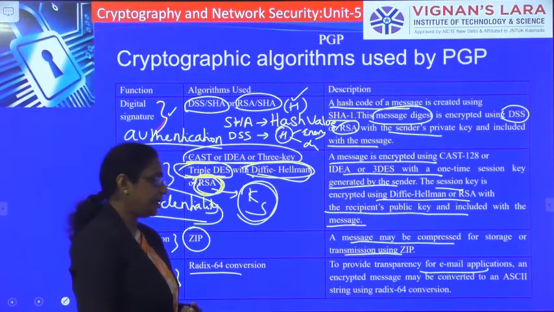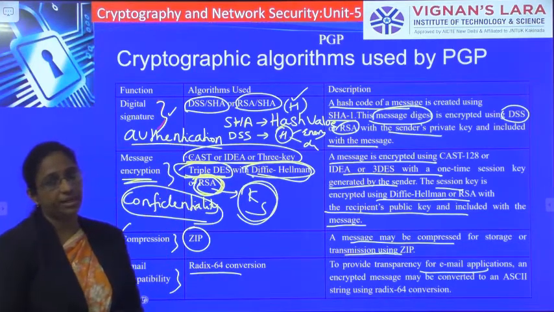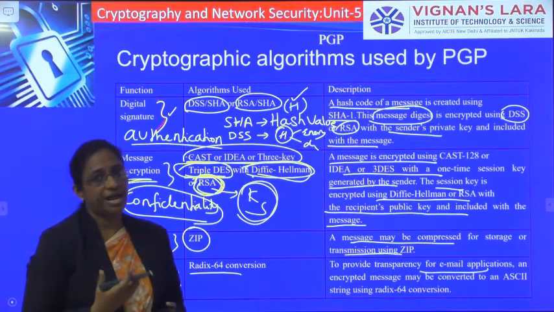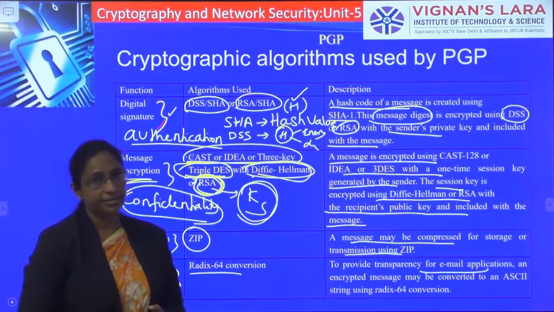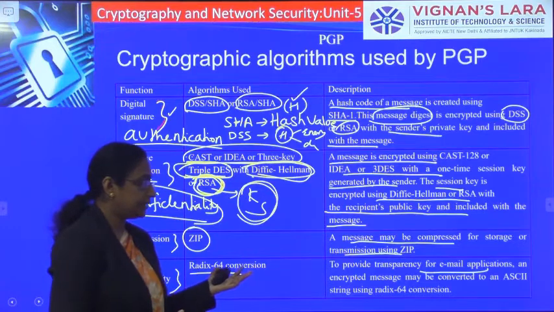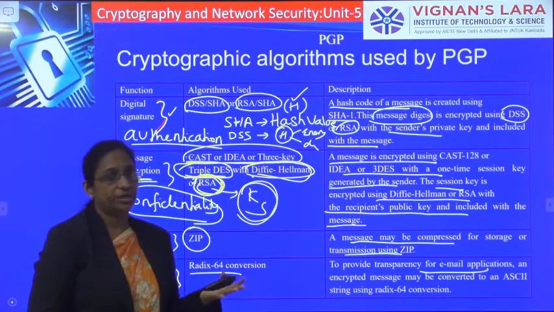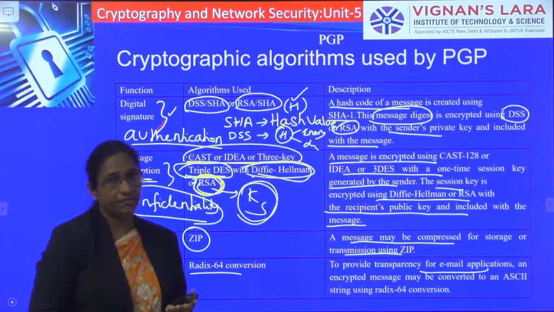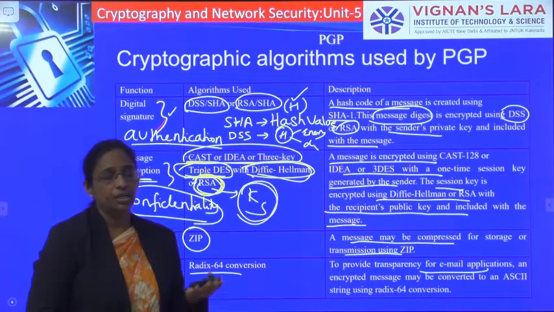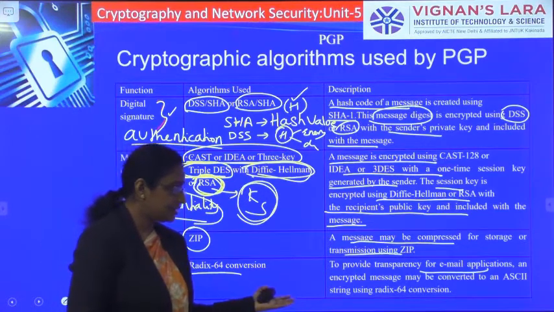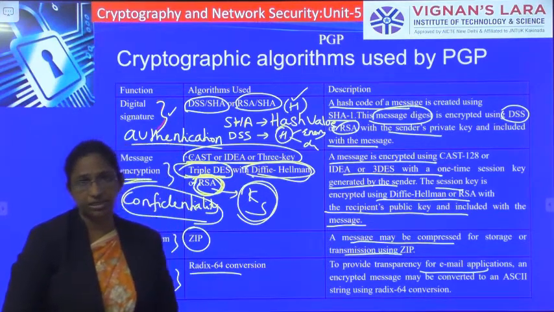Already we have said that email transfers only printable characters. So PGP converts the binary stream that we have after encryption into printable characters by using the Radix 64 conversion.